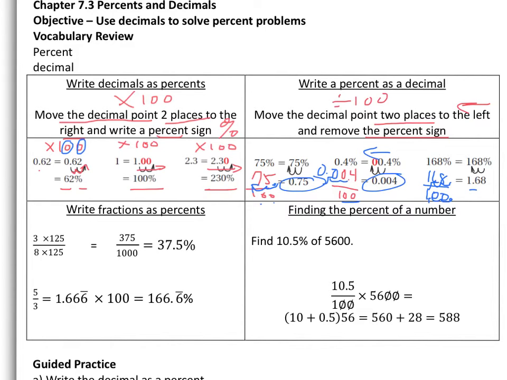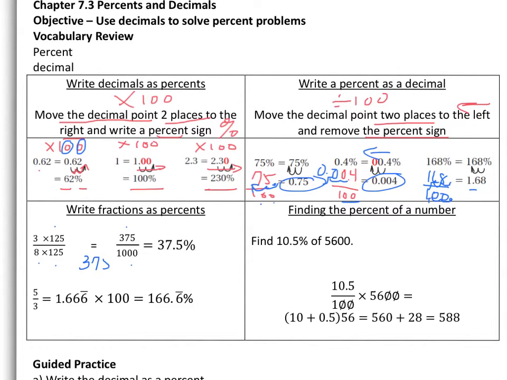Okay. And to write fractions as percents, I need to express the fraction over 100. So for example, 3 over 8, I know that 8 times 125 gives me 1,000. Okay, I need to do the same thing to the numerator, multiply by 125 to get 375. Okay, then I need to shift the decimal point 1 place to the left.